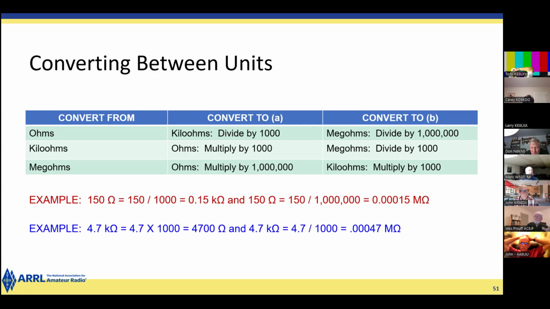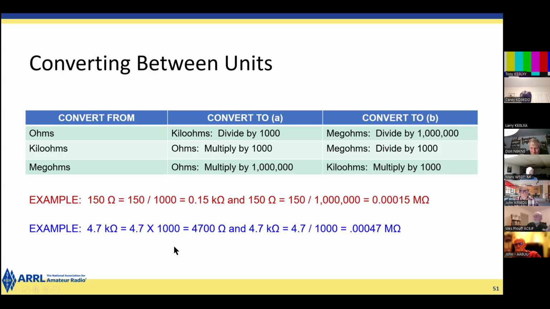And what you see typically is values between 1 and 1,000. The way it's written is a number between 1 and 1,000, and then a unit of measurement that reflects the actual value.